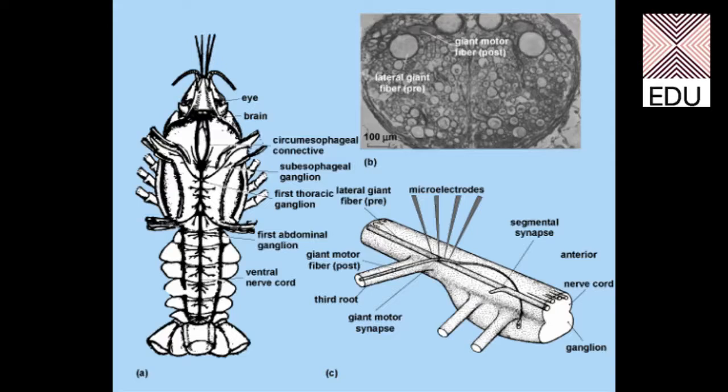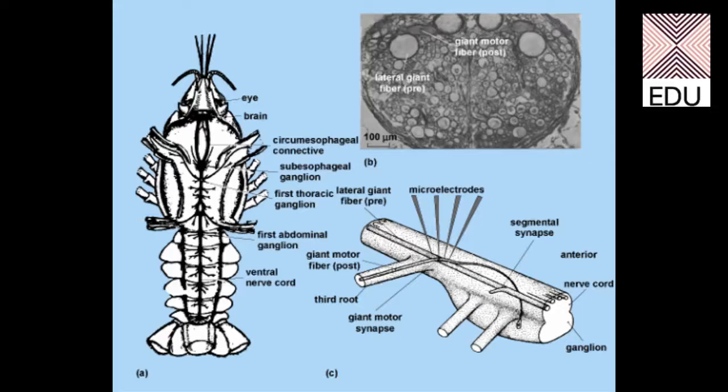Now if you take the case of figure B, this is a cross section of the cord. Here you have 4 giant fibers in the nerve cord of the crayfish. Out of these 4, 2 are called the median giant fibers, which are on the top in the mid section of the nerve cord. And 2 are called the lateral giant fibers.